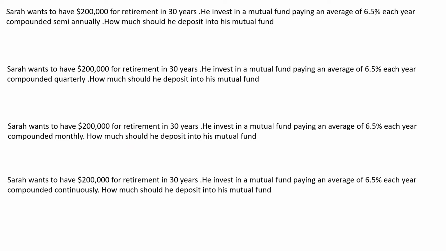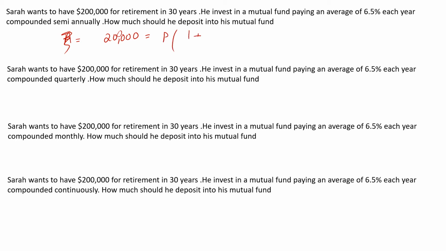Now, what I have written over here is the same thing, but first of all, I am trying to write the formula. A equals, A is, what did we find? 200,000, right? Equals the principal amount we wanted to find out.